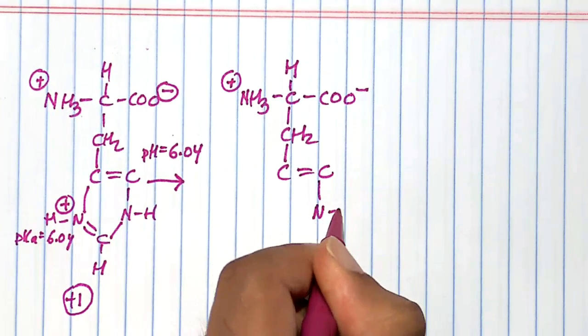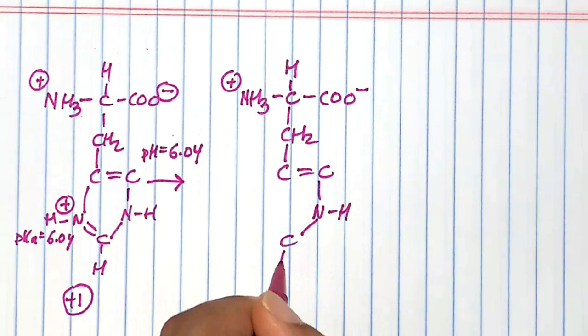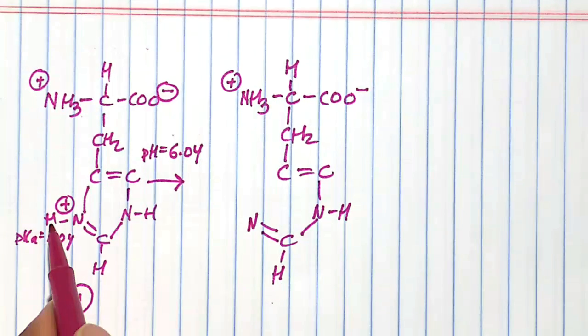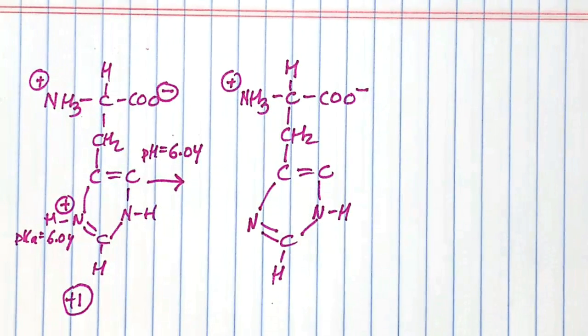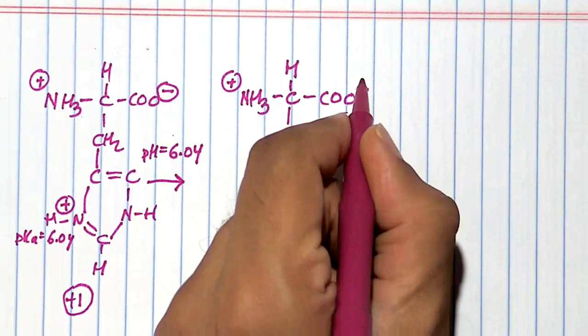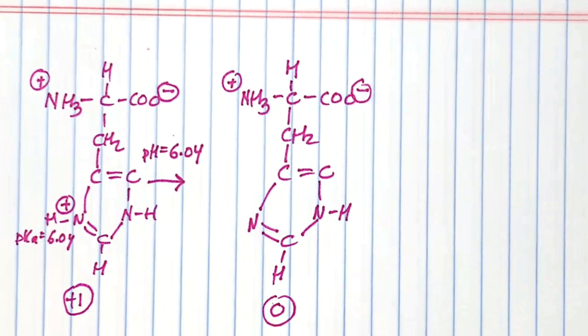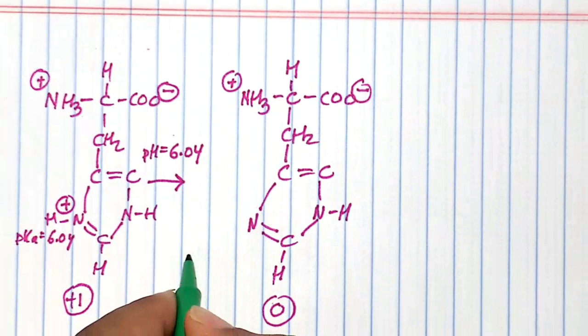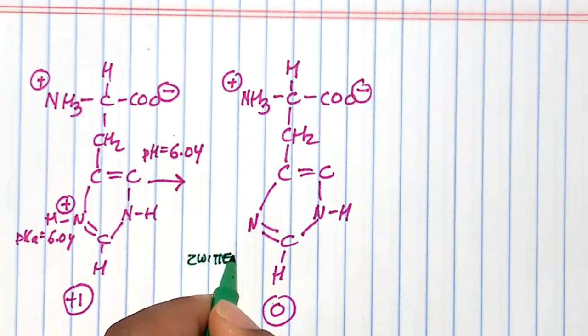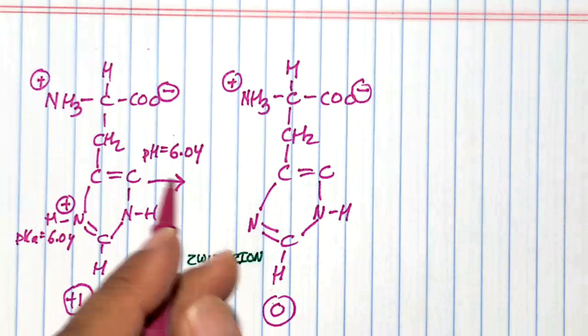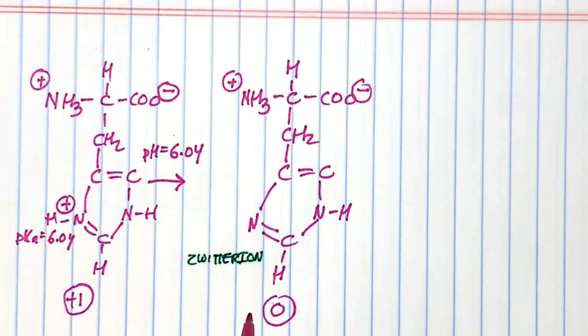Draw along with me, for those of you watching online. This proton has now come off. And now we have a net charge of 0, a very important number because that's the zwitterion. That's the zwitterionic form that emerges when your pH hits 6.04.